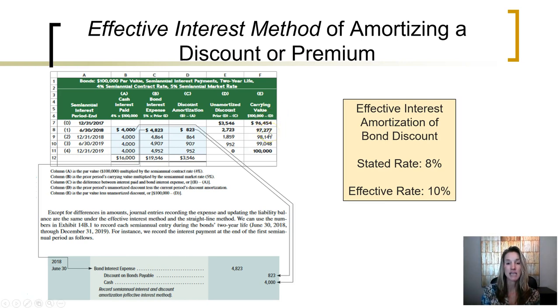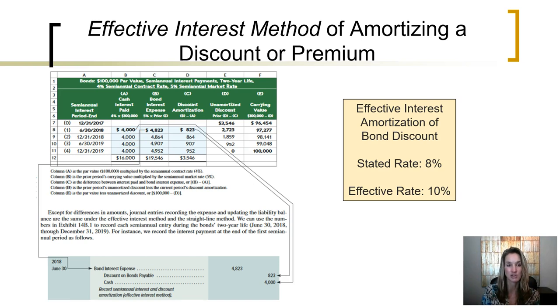We do that by taking the carrying value times half of the market rate, which was 5%. Carrying value times 5% gives us interest expense of $4,864. The cash actually paid to bondholders will still be $4,000.